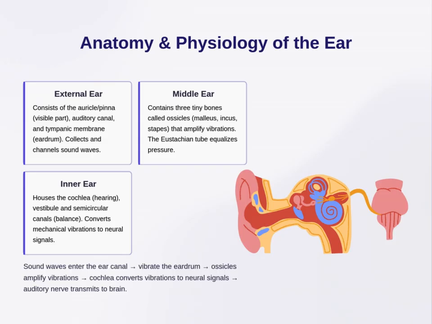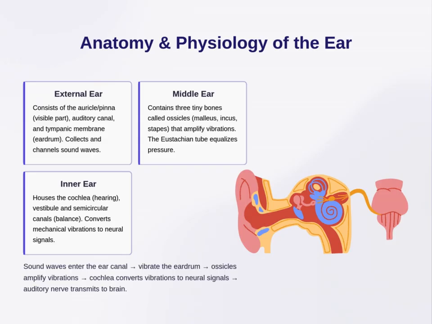They are the malleus, incus, and stapes. And they are connected to the eardrum or tympanic membrane, and use vibrations to make sound. I'll explain that in a minute. And then the inner ear houses the cochlea, the vestibule, and semicircular canals, which are used for balance over hearing.